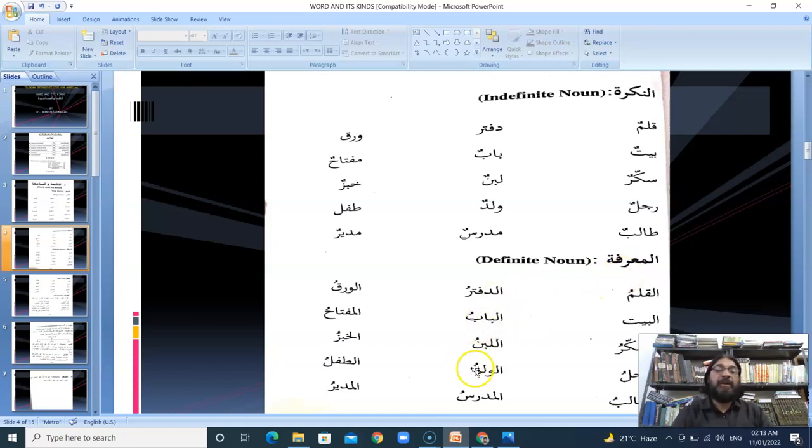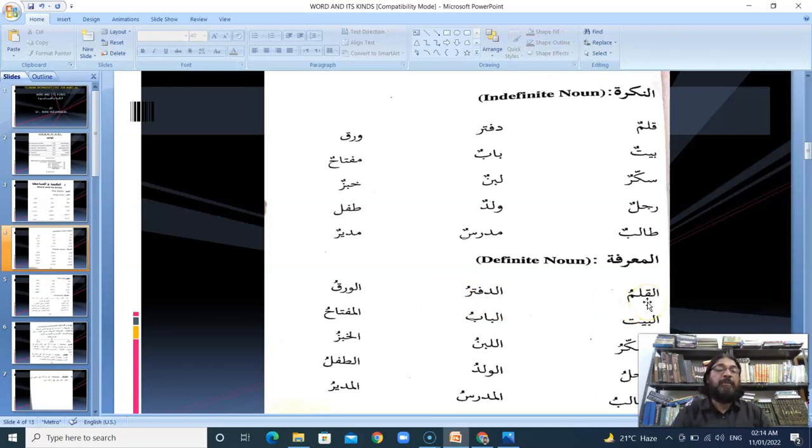That means we are talking about something particular: a particular pen, particular notebook, particular paper, not a common paper, not a common notebook, not a common pen, but we are talking about the particular pen.